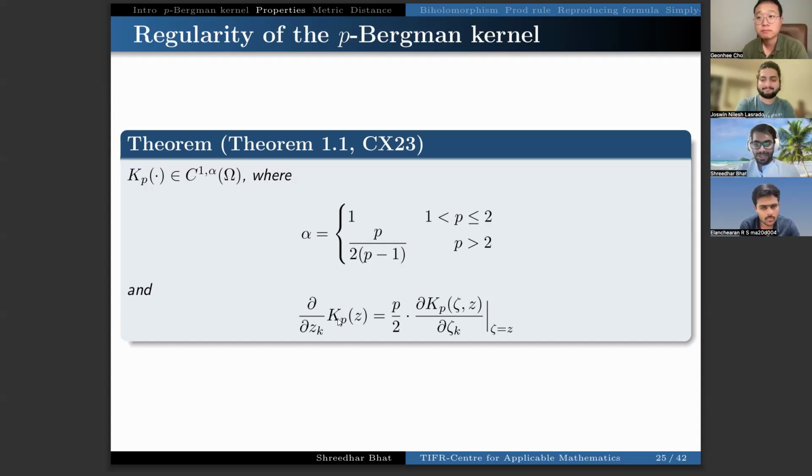So what we are doing here is differentiating this K_p, for which they have chosen this notation, with one variable. So fix some z naught, look at the minimizing function at that z naught, and differentiate with respect to the first variable. That will give you this. Am I making sense?